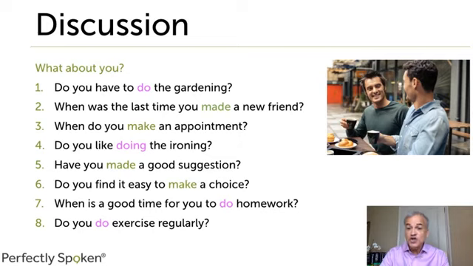And the last one, do you do exercise regularly? Yes, I do. I do exercise regularly. I do exercise 3 times a week. And you?